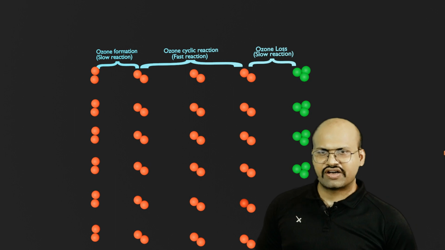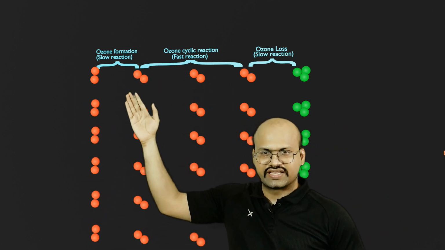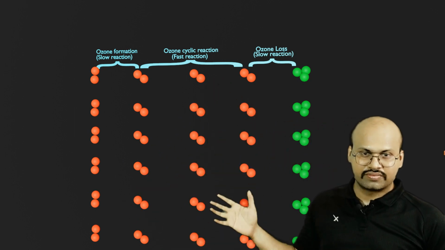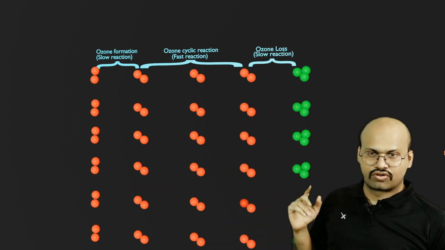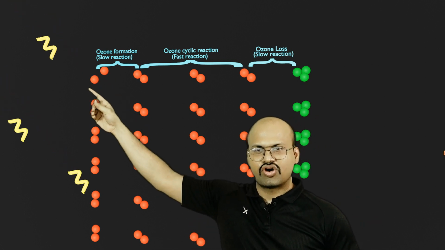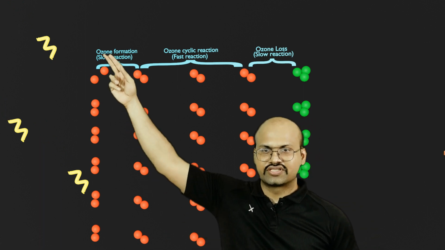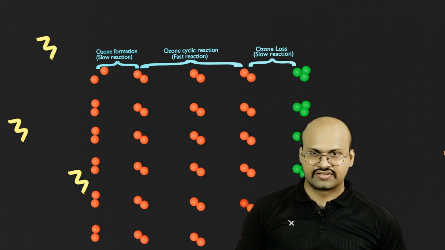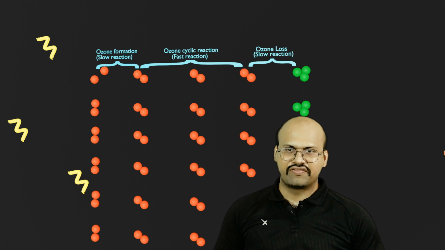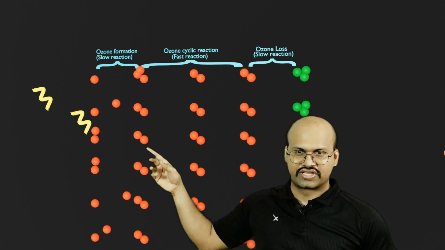So here we can see a vertical collection of oxygen molecules. We can see that there are oxygen molecules in these vertical columns and then there is an ozone molecule column. Now suppose a photon dissociates this oxygen molecule into oxygen ions. You can see that this process is a slow reaction process. But the oxygen ion which is formed will react with the other oxygen molecules and form ozone.